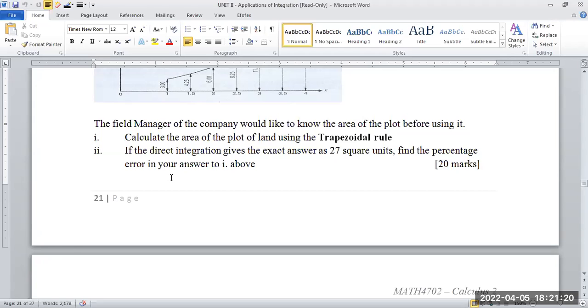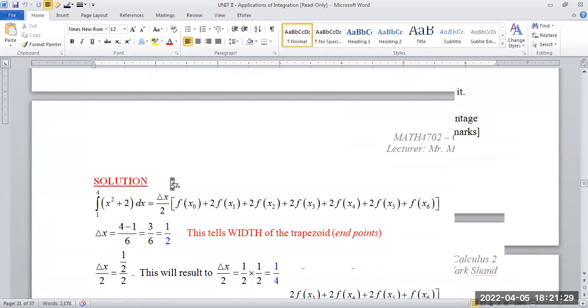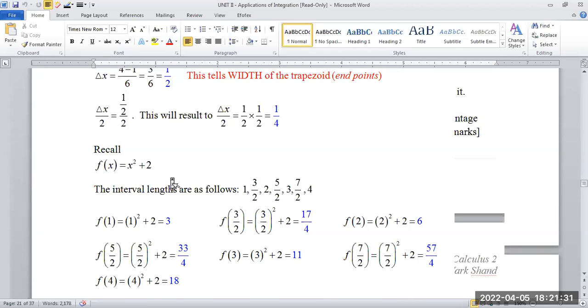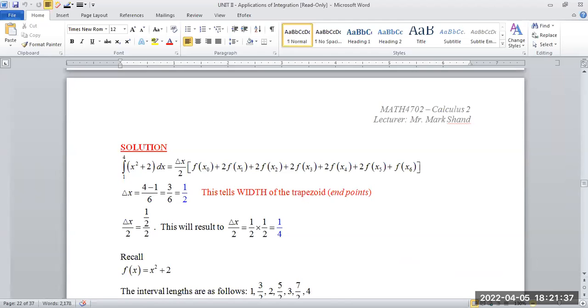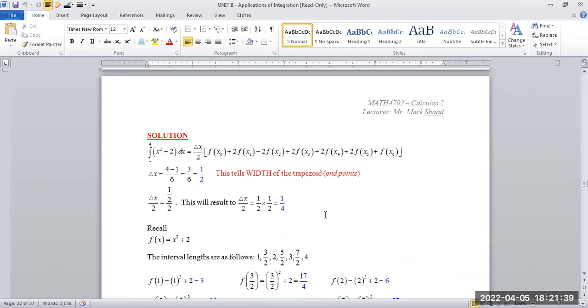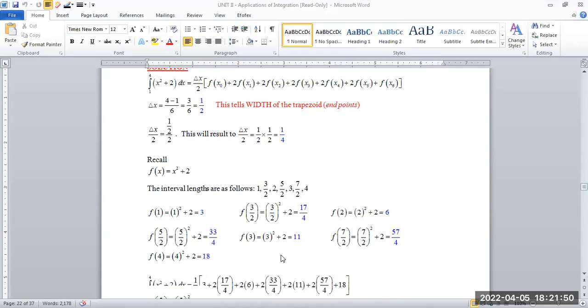So it says if the direct integration gives the exact answer as 27 square units, we need to find the error. While Onika looks at this, I want you all to integrate it to see if you really get 27 units for the question.